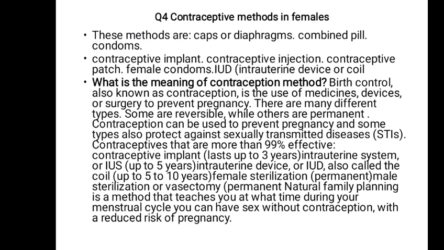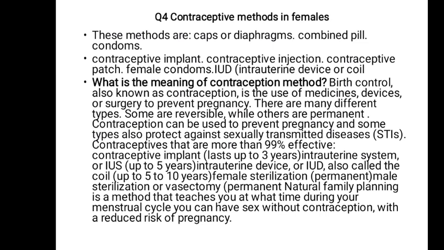Now, what is the meaning of contraceptive methods? It means birth control, also known as contraception, which is the use of medicines, devices or surgery to prevent pregnancy.